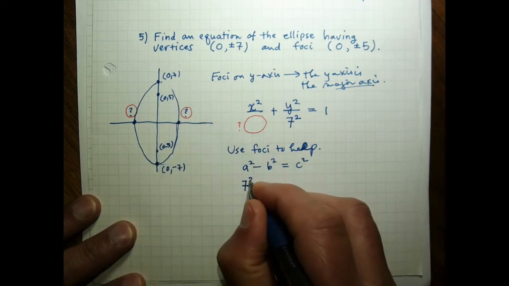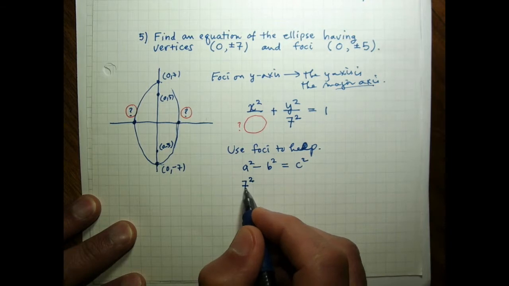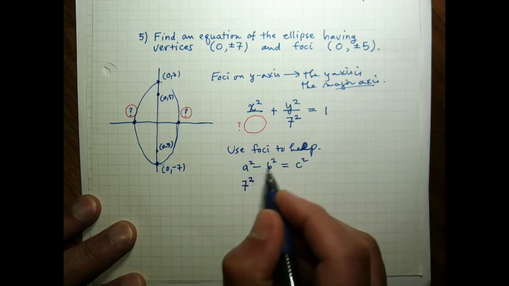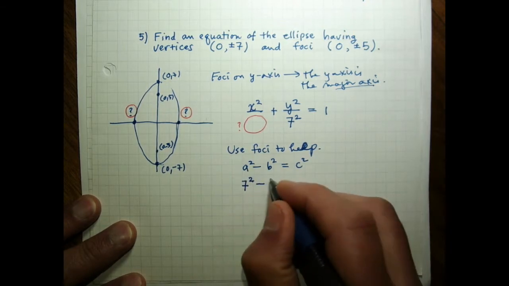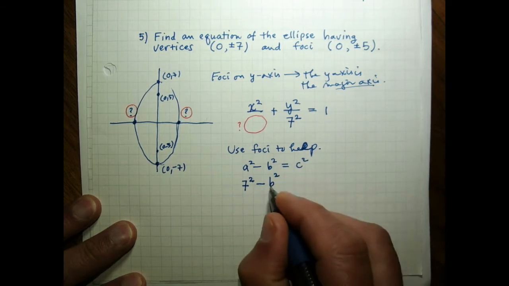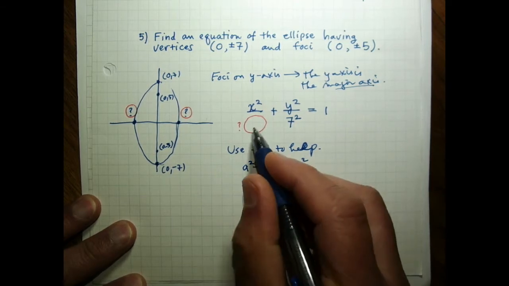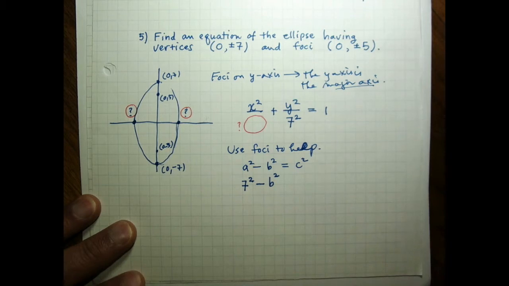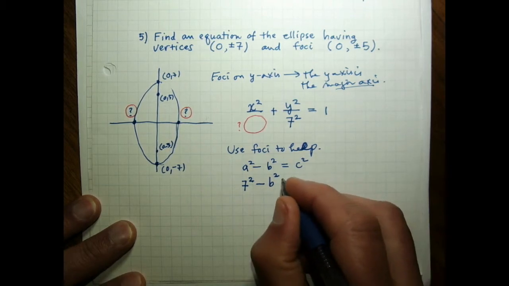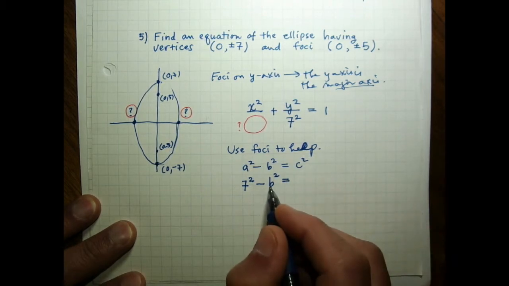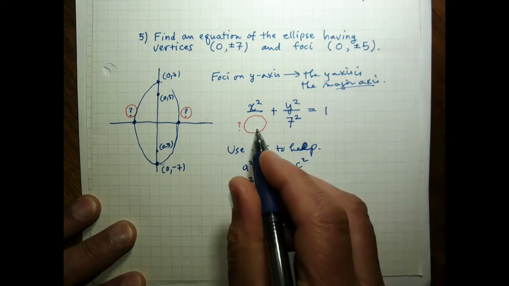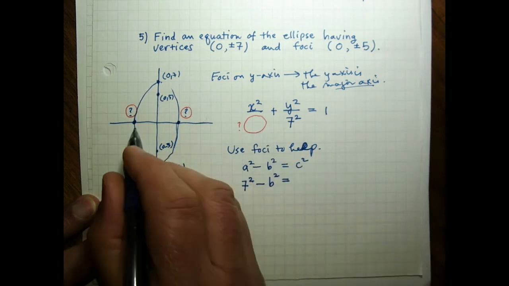So 7 squared. So 7 is the larger of the a and the b values, minus b squared. The b squared is going to be our denominator for the x squared here, because we know the smaller of those two has to give us our x-intercepts.